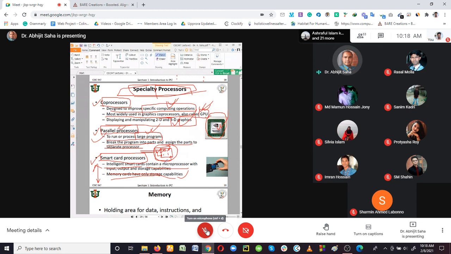So that is the smart card we are talking about. The card has the capability to work with multiple activities. This is quite interesting.